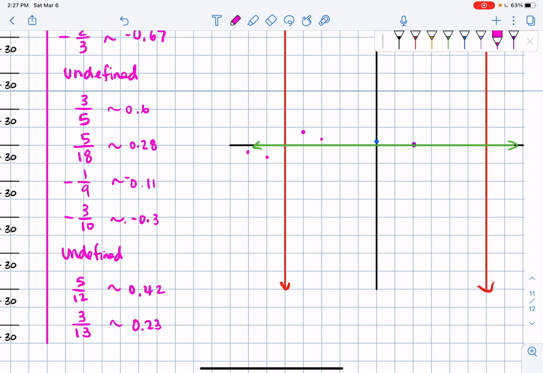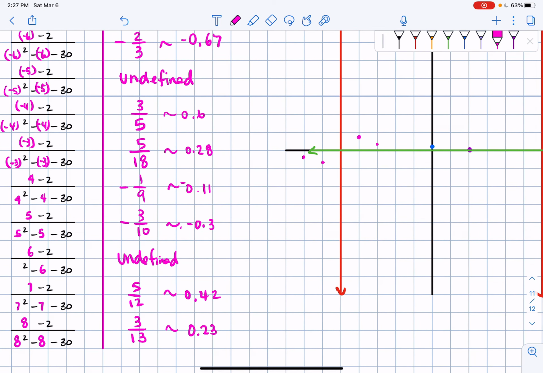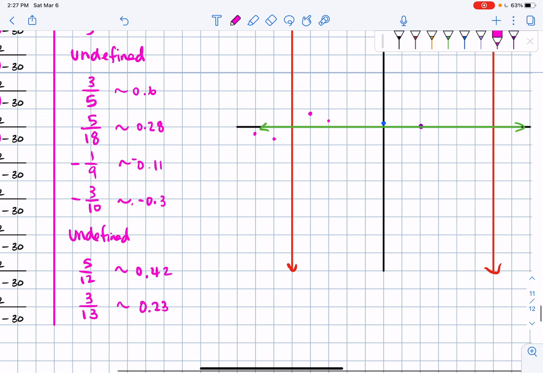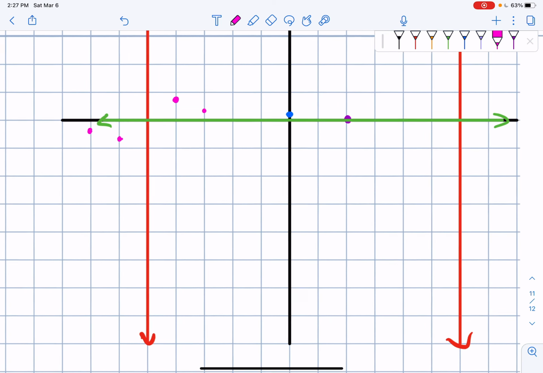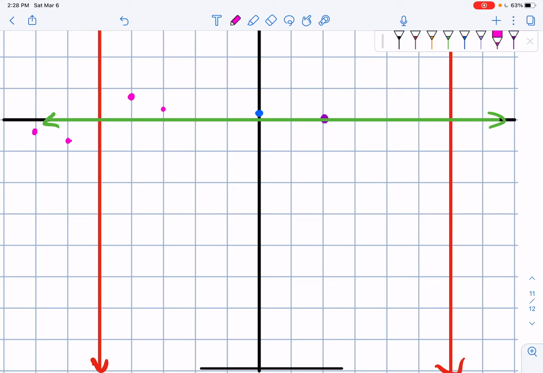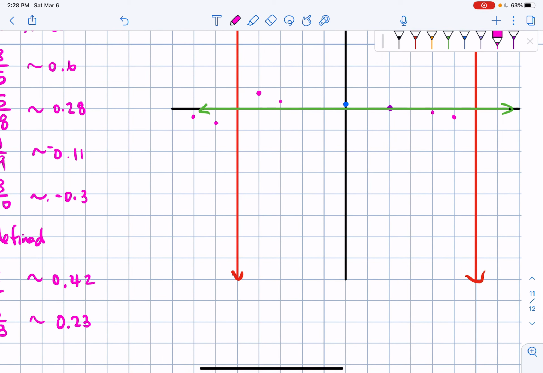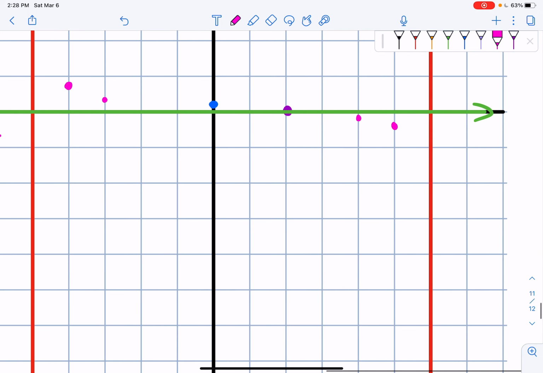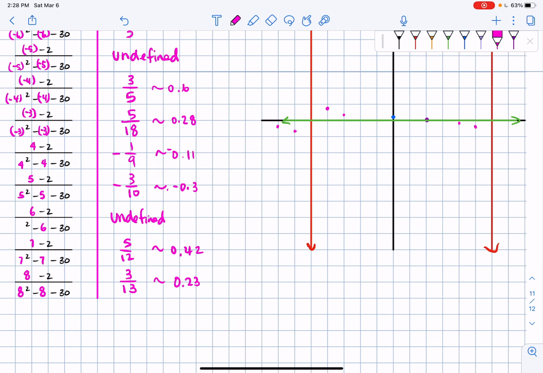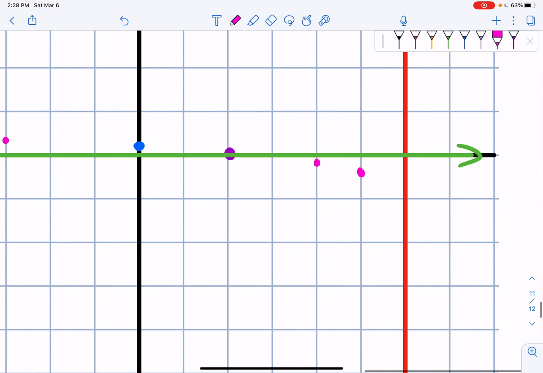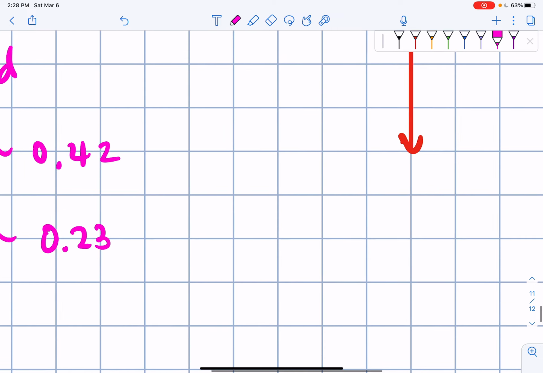Okay, let me keep on going here. So the left side of the 6, I got 0.1 and 0.3. So it's going to be here and then here. Okay, that tells me a story right there of how these 6 points are going to connect in a way. And to the right is 0.4, then 0.23, all right, but above 0.4 and 0.23.